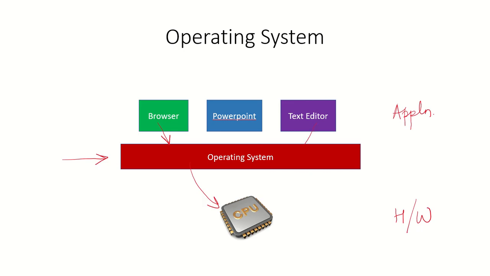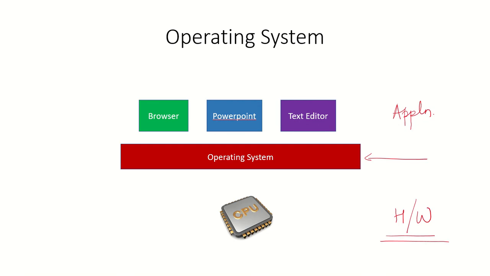So if the text editor wants to use the processor, it would have to send a request to the OS, which would then coordinate the usage of this processor to the text editor. So any application or software requiring the services of the resources of the system would have to send a request to the operating system, which is managing all the devices and the resources of the system.